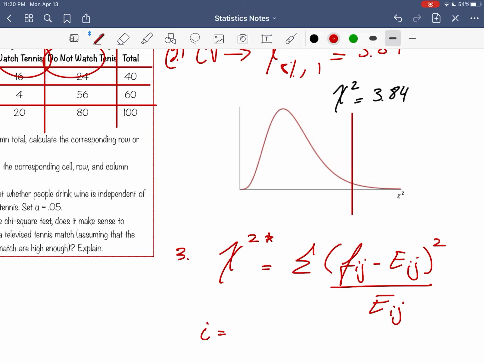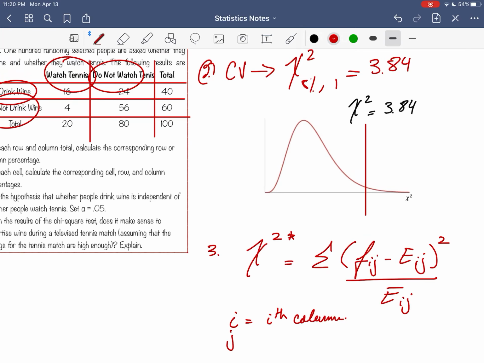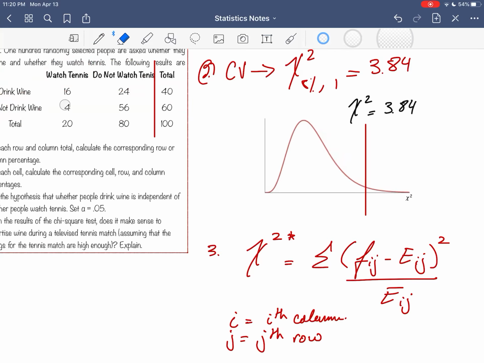i means ith column, and j is the jth row. Or either or, it doesn't really matter. So essentially they're telling you to sum up the difference between expected and observed for each one of these 4 observations.